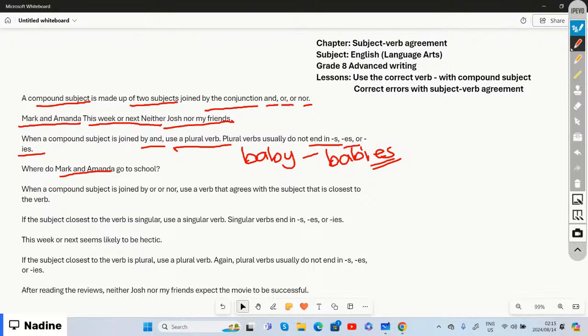And when a compound subject is joined by or, or it is joined by nor, because or means it's either this or that, and nor means not, neither. So when a compound subject is joined by or or by nor, we need to use a verb that agrees with the subject that is closest to the verb.